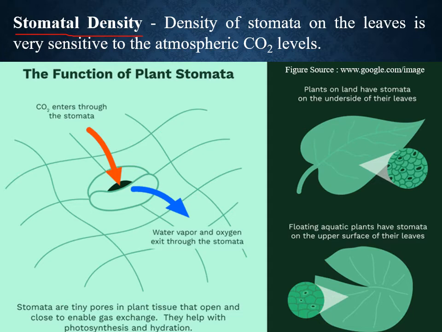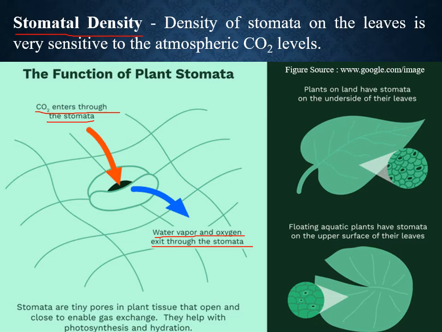During photosynthesis, carbon dioxide is taken from the atmosphere through the stomata, and as excess material, the water vapor and oxygen which are produced during photosynthesis are again thrown to the atmosphere through these stomata. So these stomata are the doors of the leaf lamina through which gaseous exchange is done.